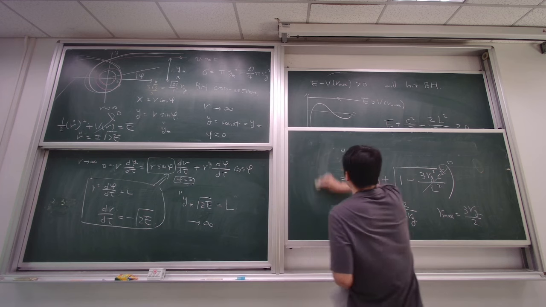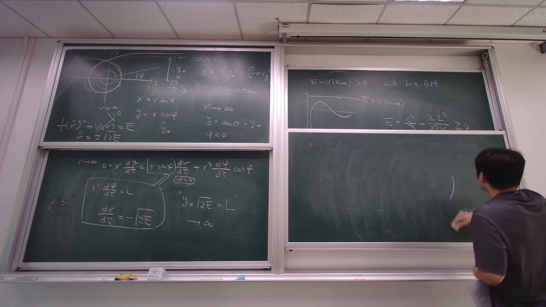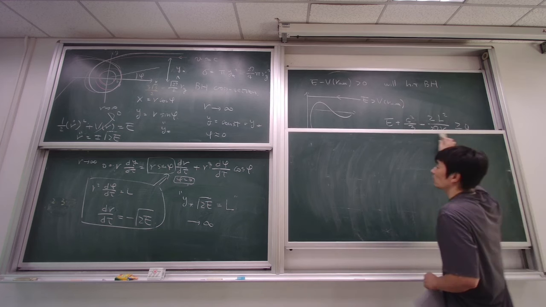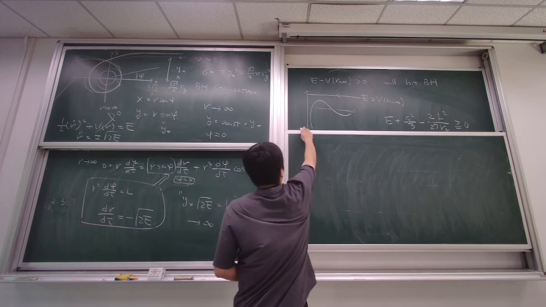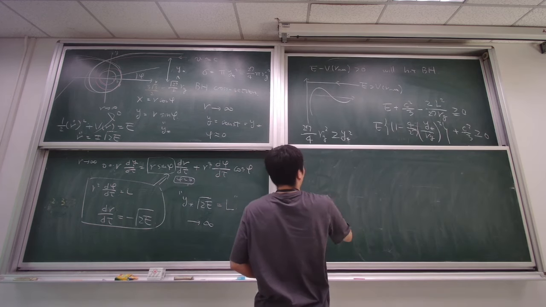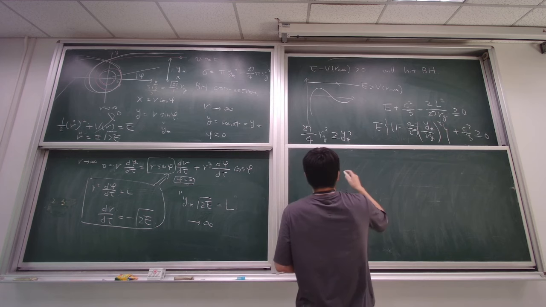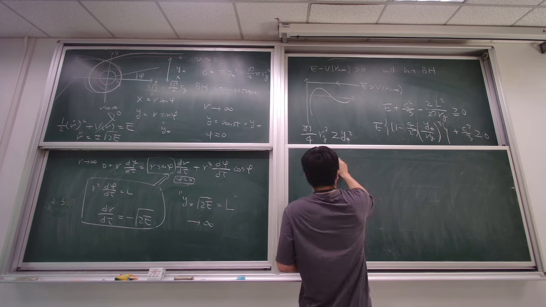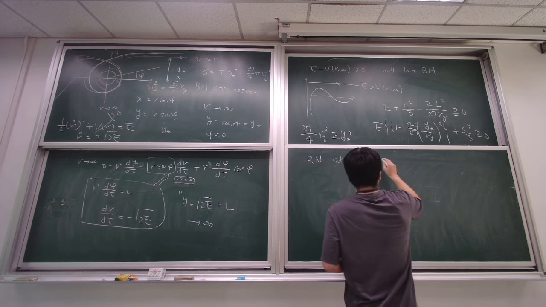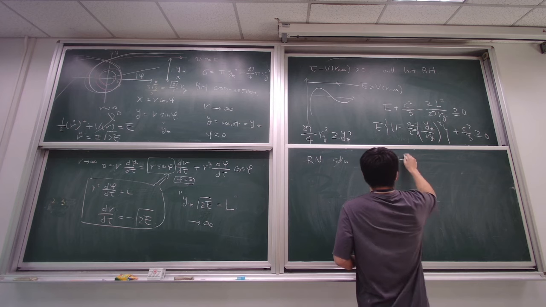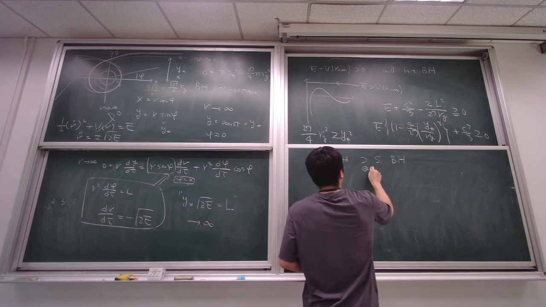So far we learned Schwarzschild and Reissner-Nordstrom, where we assume static and spherical symmetry. The Reissner-Nordstrom solution is the more general one, which contains Schwarzschild as the black hole when Q is equal to 0.